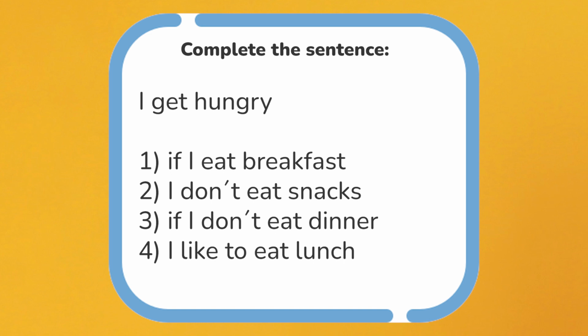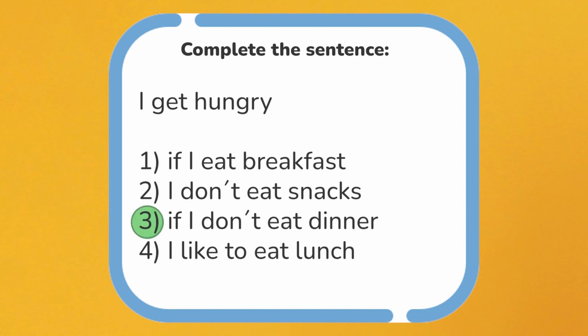Okay, let's go and try another one. I get hungry. If I eat breakfast, I don't eat snacks. If I don't eat dinner, I like to eat lunch. And our answer is number 3.